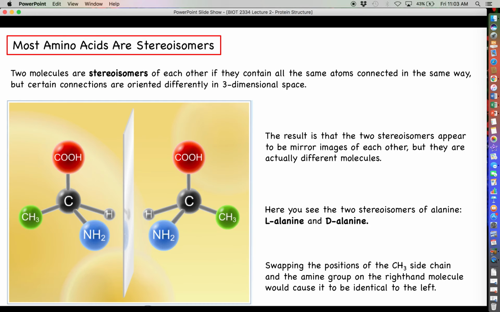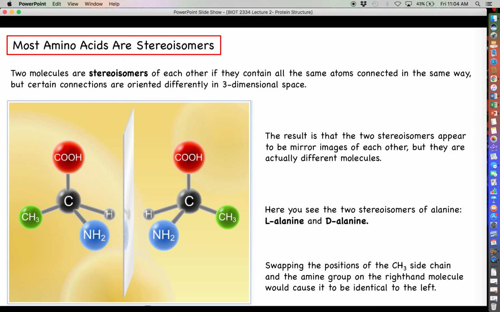Okay, so now that we've talked about our 20 amino acids, let's talk about another layer of complexity here. Let's talk about stereoisomers. So an isomer, something that hopefully you've heard before, refers to two molecules that have exactly the same chemical formula, but the atoms are attached in slightly different ways.